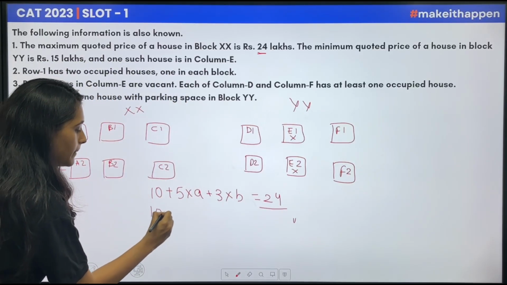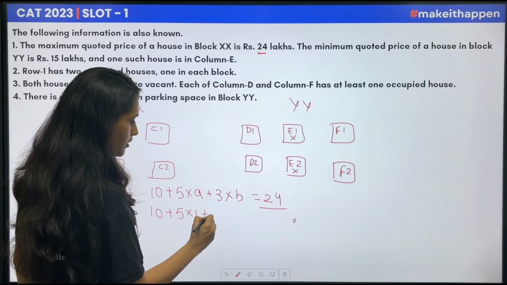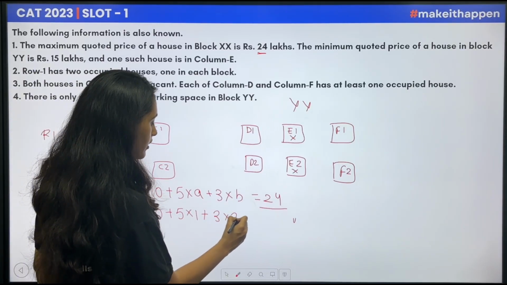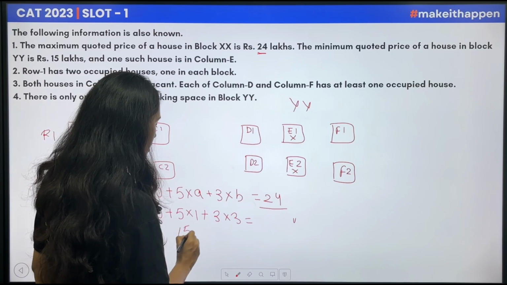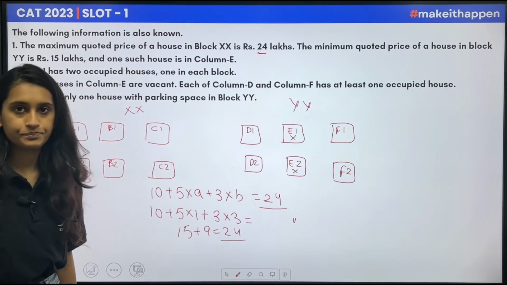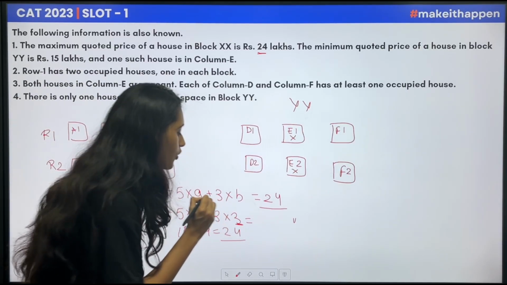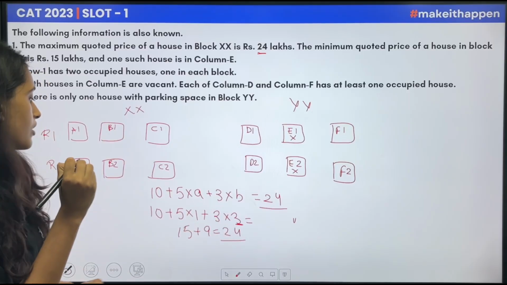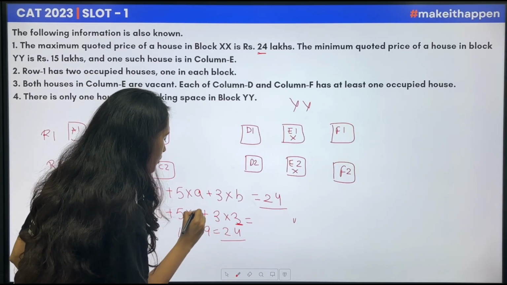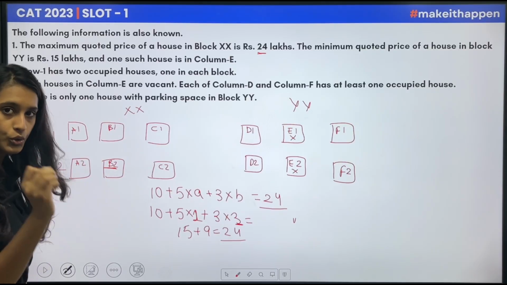So 10 plus 5 into 1 plus 3 into 3, that is 15 plus 9, that is 24. Now we have to find a house which has 3 neighbors and 1 road adjacency value. So this will be only in row 2.